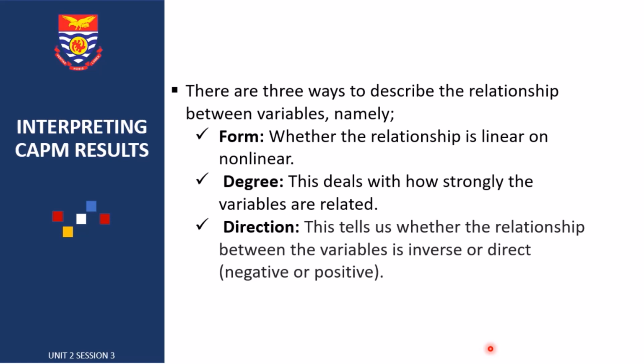By inverse, we are saying that a decrease in the regressor or regressors leads to an increase in the regressand, and the opposite also applies. An increase in the regressors will also lead to a decrease in the regressand. So when we say the relationship is inverse, it means a decrease here leads to an increase here, or an increase here leads to a decrease here.